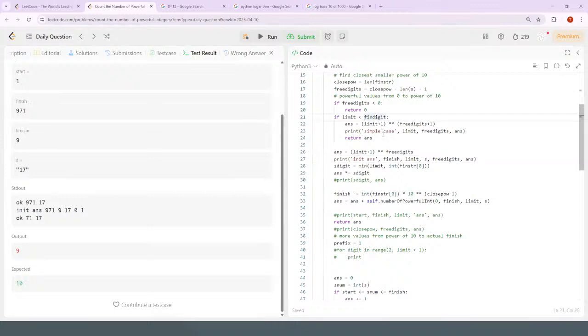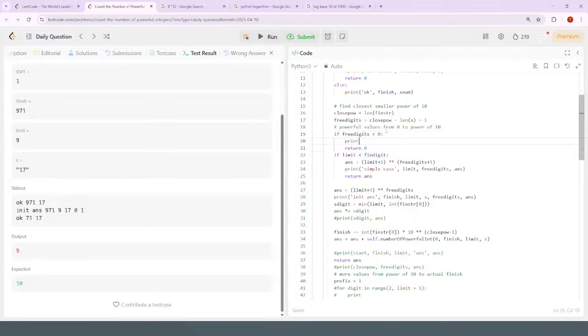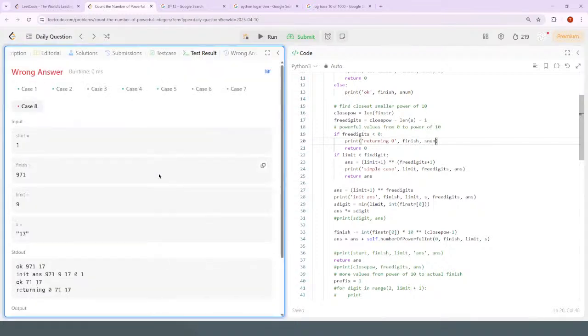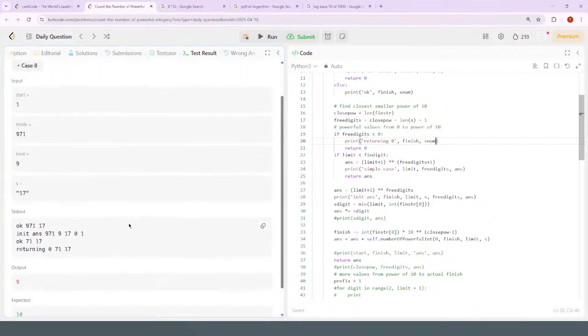And that one, it probably returns 0. Right. Returning 0 for, let's say, this finish and this last one. But this should be returning 1. Yeah, it should be returning 1.